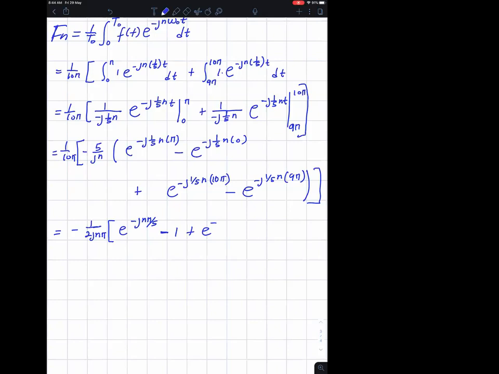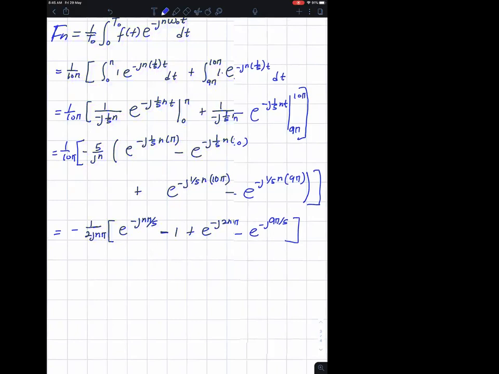So that's going to be e to the minus j 10 over 5, which is 2, that's 2 n pi. And then minus e to the minus j 9 pi over 5. Okay, so this is your Fn.